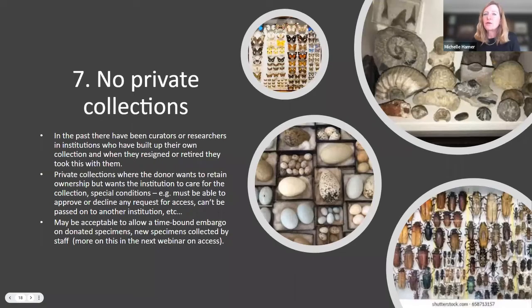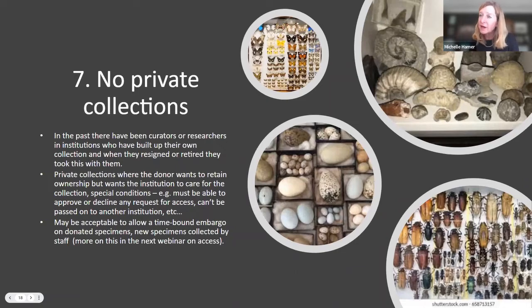And then, yeah, just some further information about the no private collections. We mentioned them. So in the past, and this has happened more than once, curators or researchers in institutions have built up their own collection. So it's accessioned into the institution, it's cared for in the institution, but the researchers saw it as their own collection because they were the ones who went and collected that material.